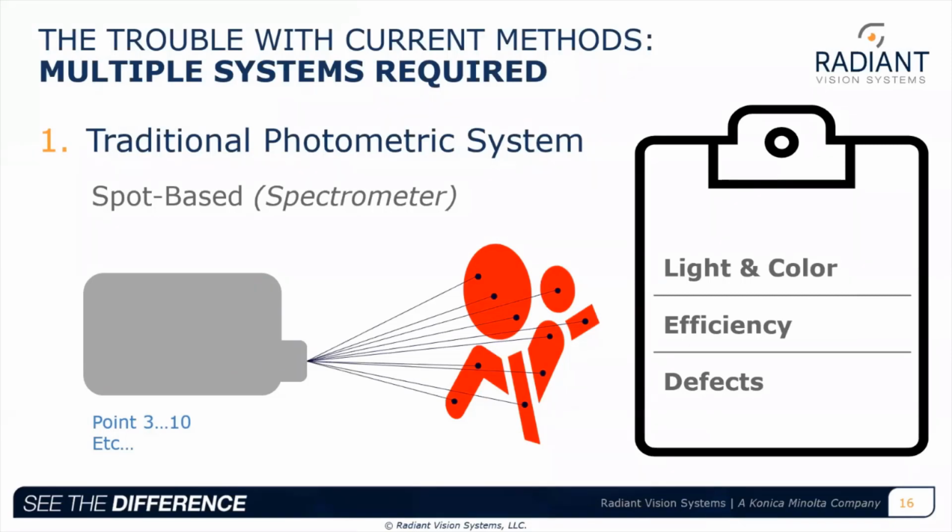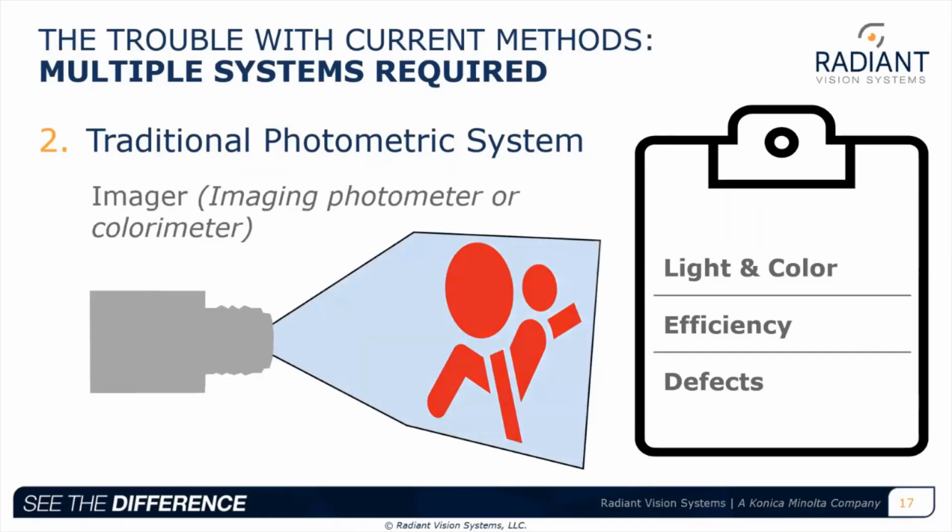You could imagine the complexity this brings when measuring many backlit icons in a single field of view, let alone just one. We can also not inspect for defects. So while this method solves the issue of accurate and repeatable photometric measurements, it is clearly not efficient and does not have the added advantage of inspecting for defects.